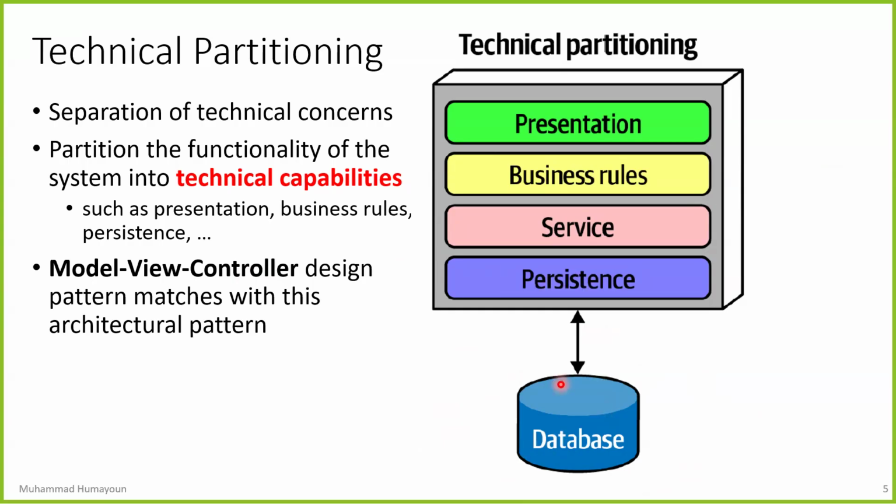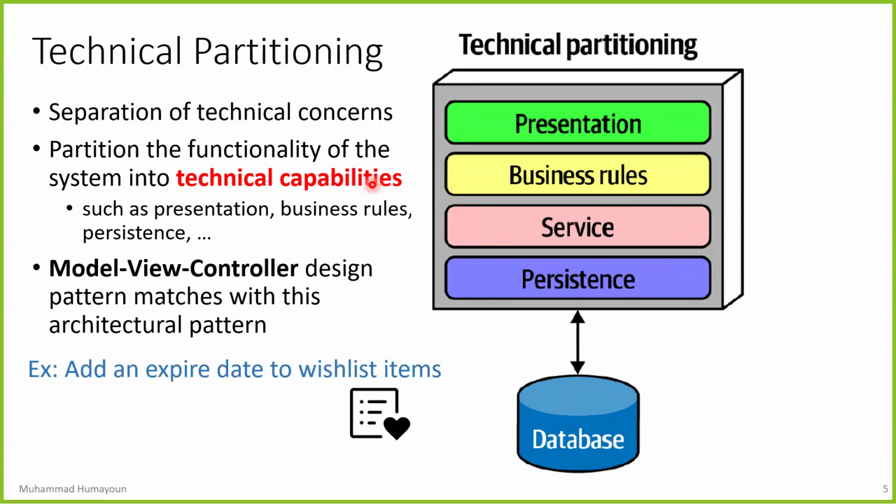So technical partitioning is based on technicalities, as you can see, and the closest you can see is the model view controller pattern, which is actually a technical partitioning. So how a change happens in a technical partitioning, let's try to see that in an example. So imagine you have a technical partitioning in your code, and your code is about an e-commerce website.